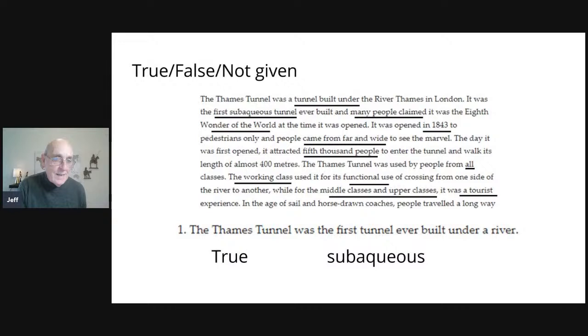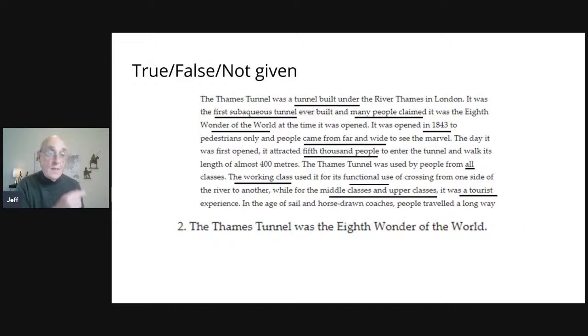Okay? And that subaqueous, I'm just mentioning again, wasn't really a clue, but what was on either side of it was the best clue, the adjective and the noun, first tunnel. Okay, so there we've got the answer to our first question.